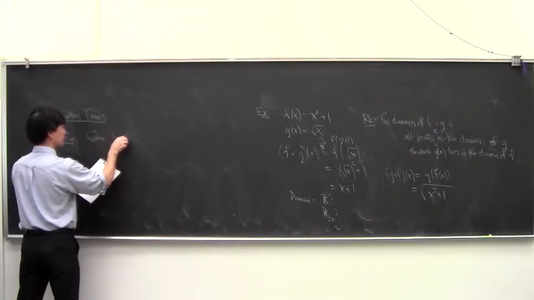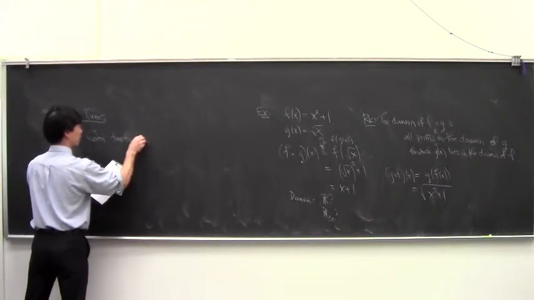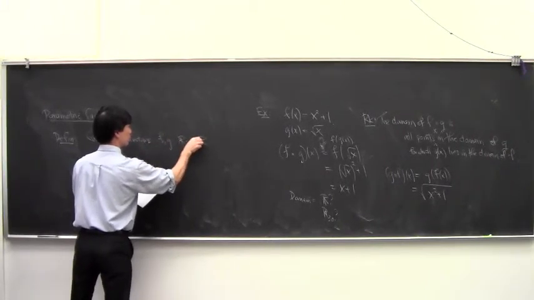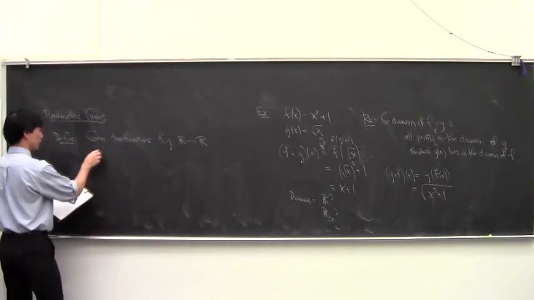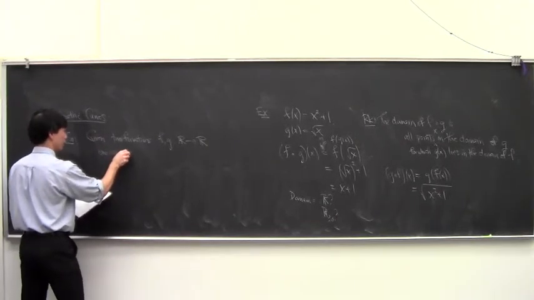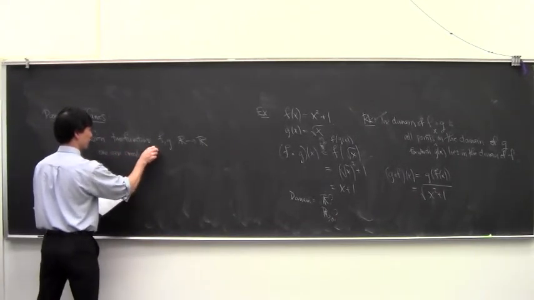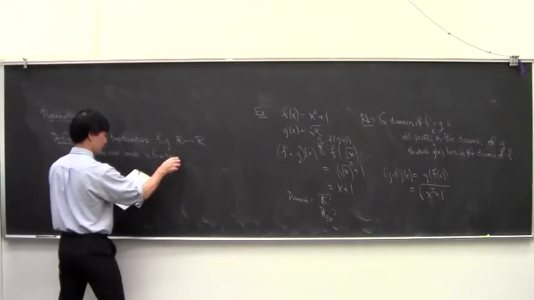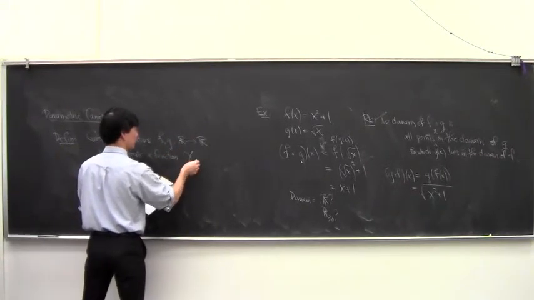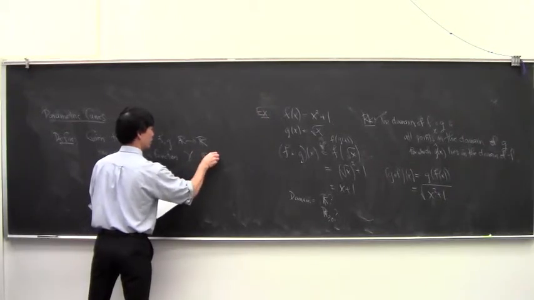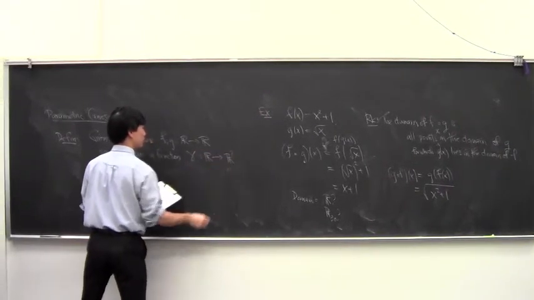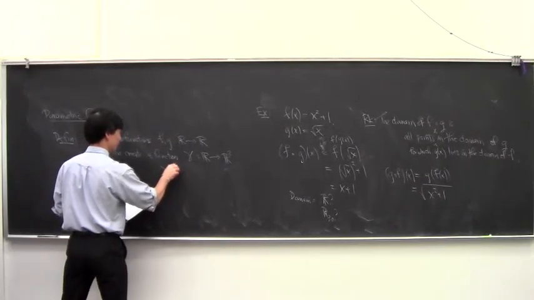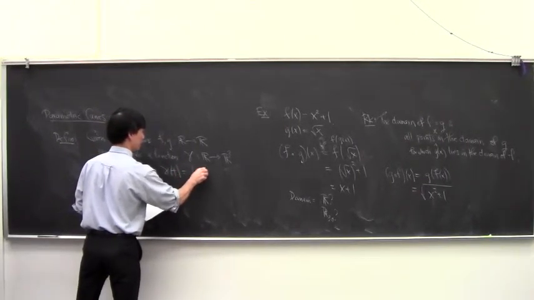Given two functions f and g, going from R to R, one can create a function gamma from R into R2, where gamma of t is f of t, g of t.